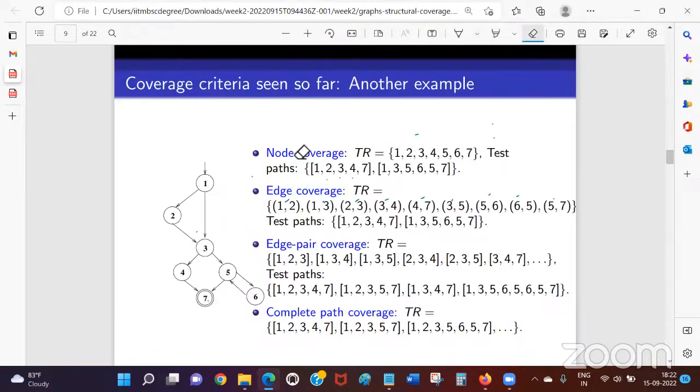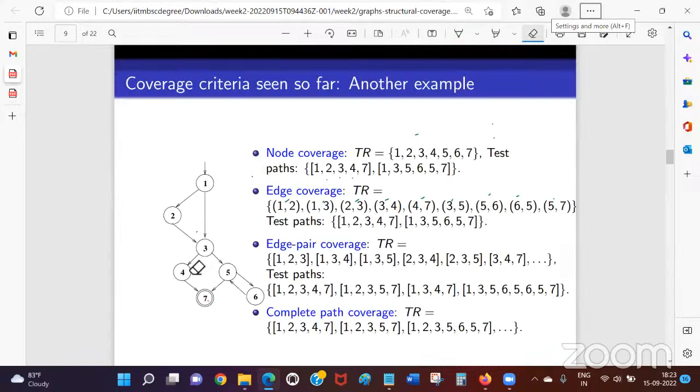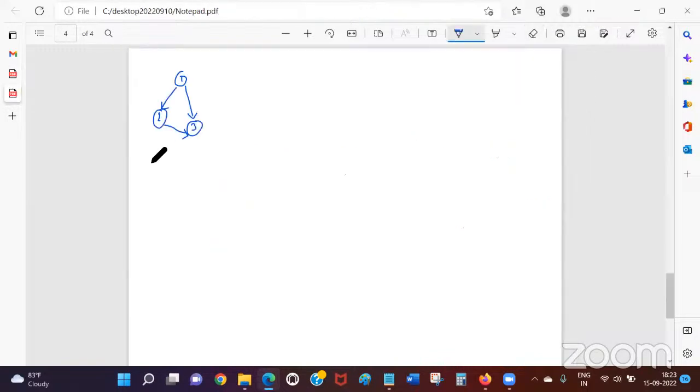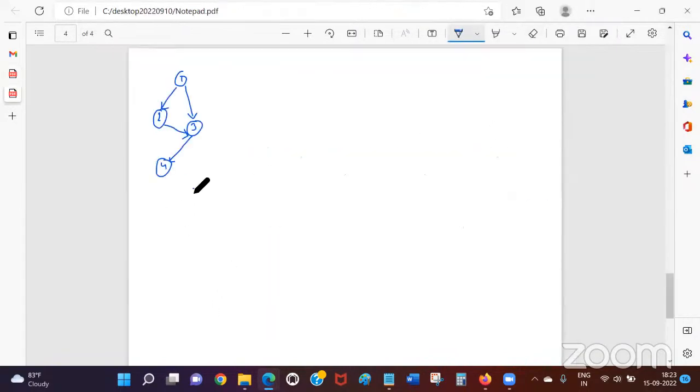Then 2 to 3. Then I have 3 to 4, so here I'll also have a 4. Then I have 4 to 7. 7 is a terminating node, or an end node, so it will be in a double circle.